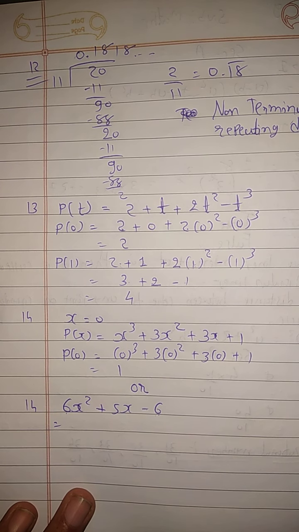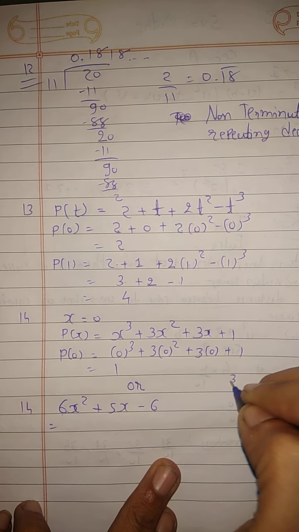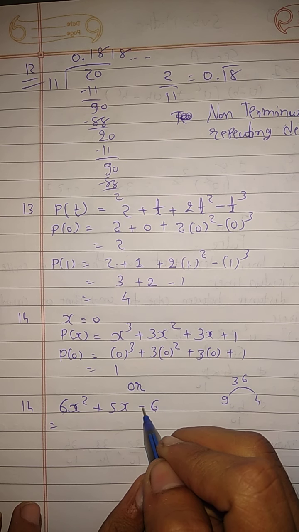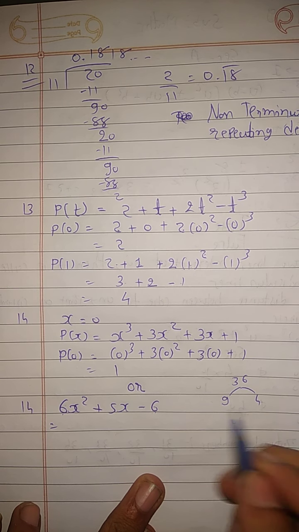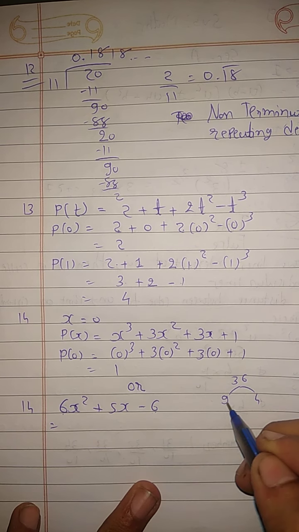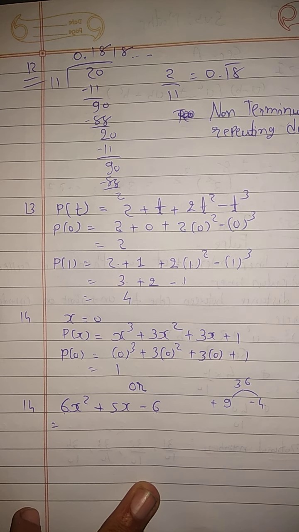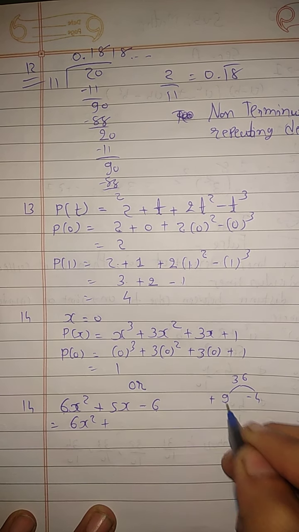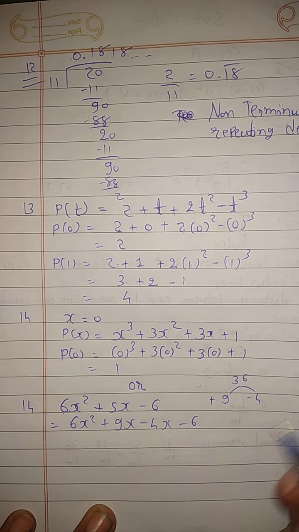Okay, so 9 4s are 36, and 9 minus 4 is 5. Now here we have a negative sign, so we need to give different signs to our factors. Okay, the middle term sign we need to give to our bigger factor, and here we need to give the opposite sign. Okay, so 6x square, first factor is plus 9x minus 4x minus 6.